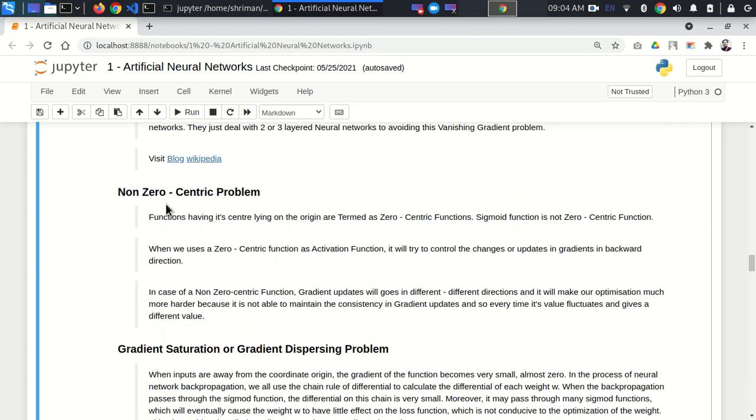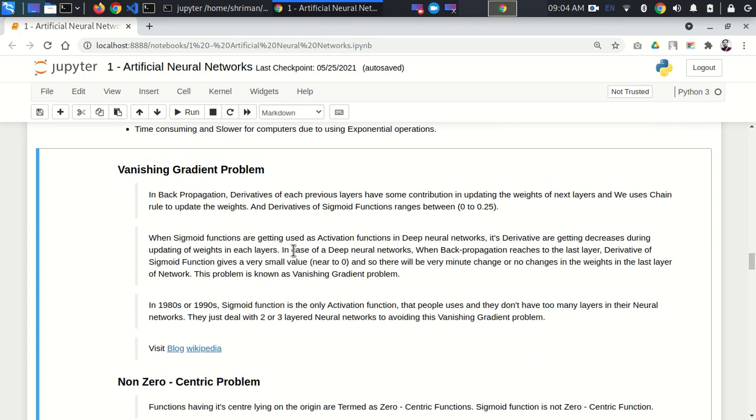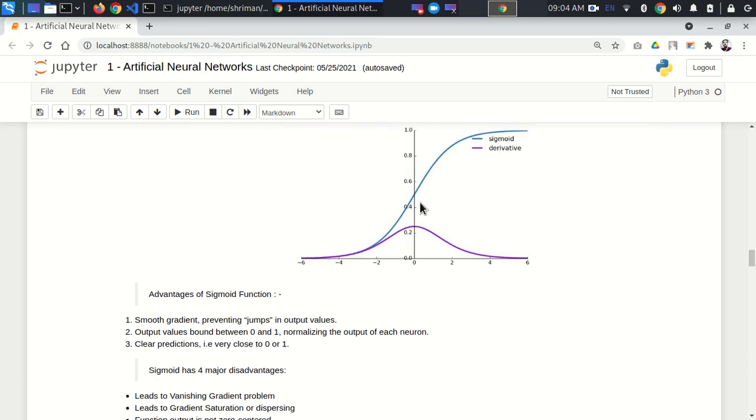Again, there is a non-zero centric problem. Functions having their center lying on the origin are termed zero centric functions. The sigmoid function is not a zero centric function. So whatever function we have, if its center is lying on the origin, then that function is zero centric, but sigmoid is not like that.